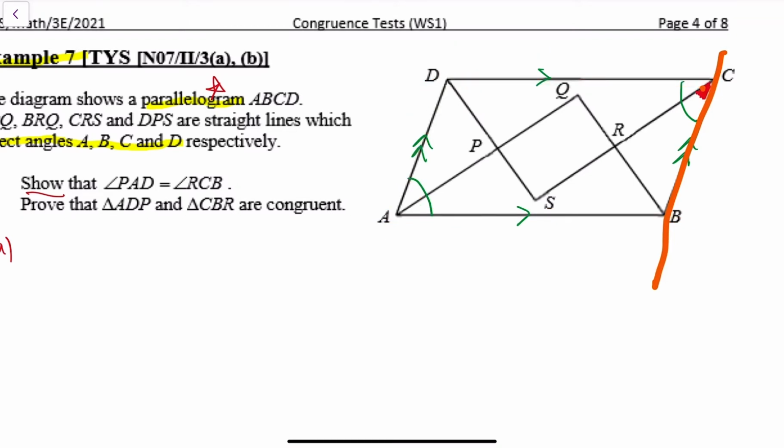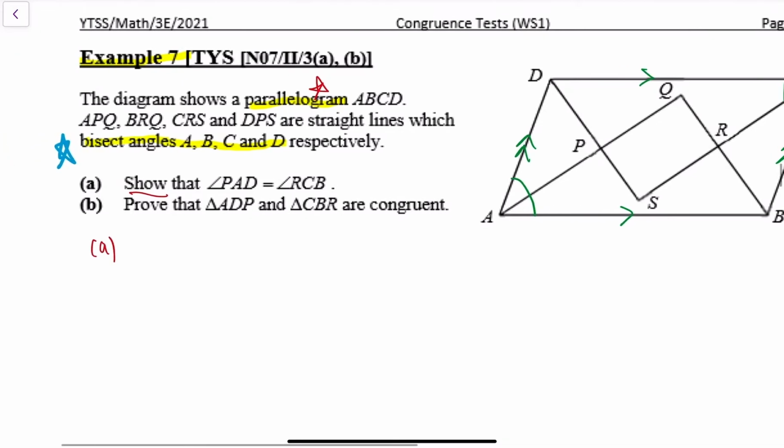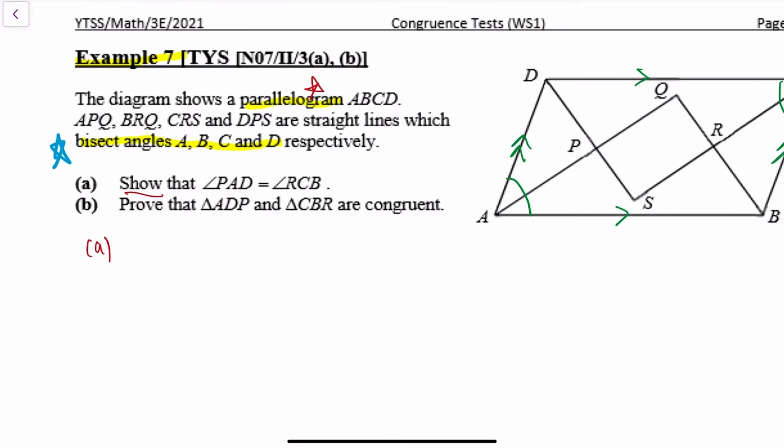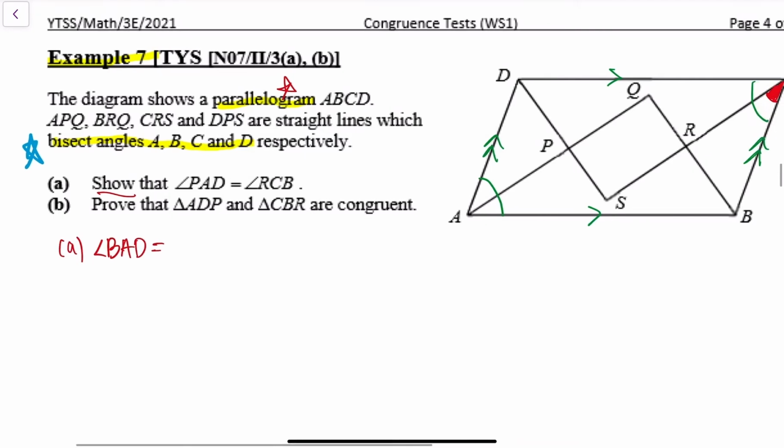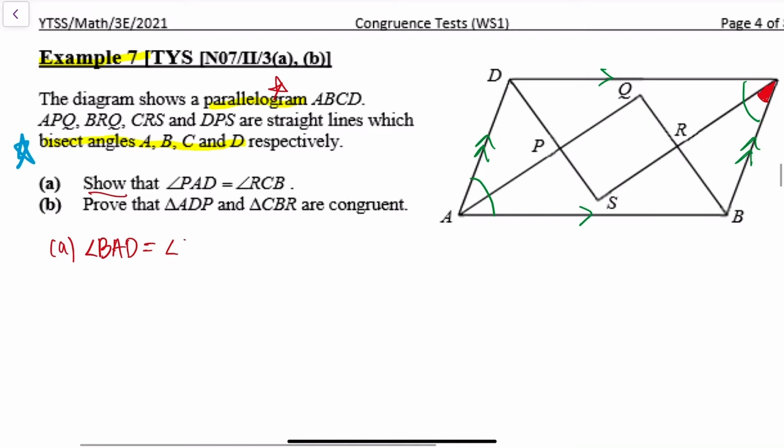So when I move it, I will get that the two opposite angles are the same. So therefore, what I can conclude here is angle BAD is equal to angle DCB, and the reason is because they are opposite angles of parallelogram.